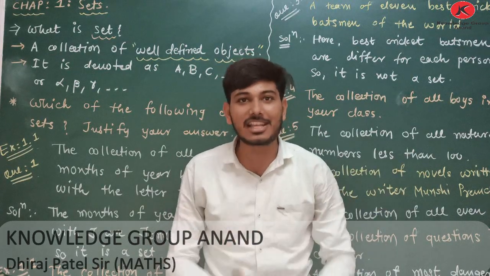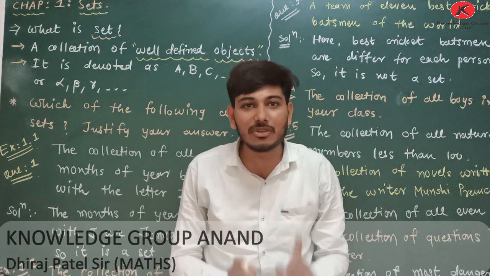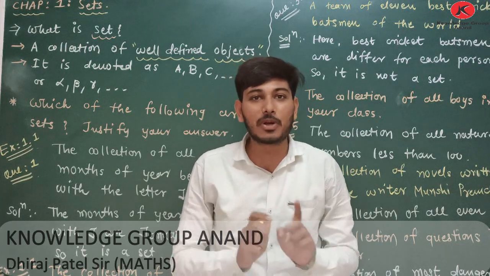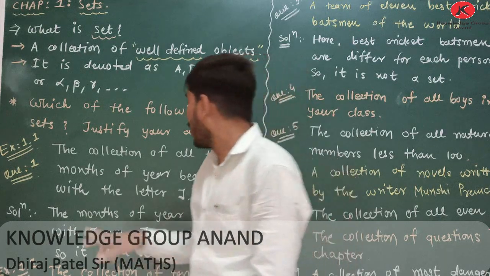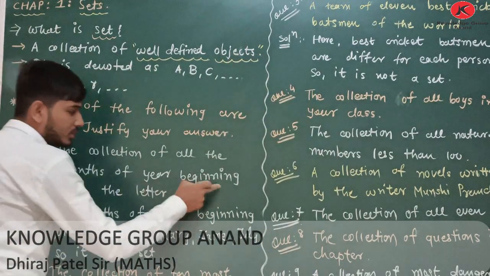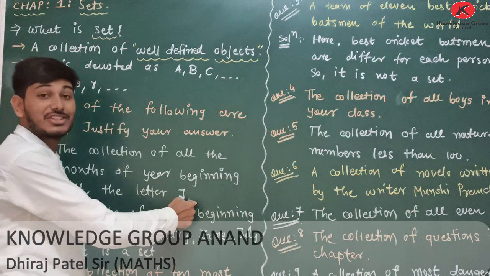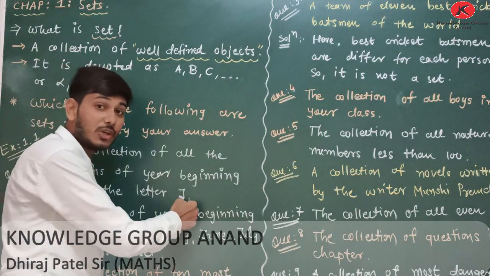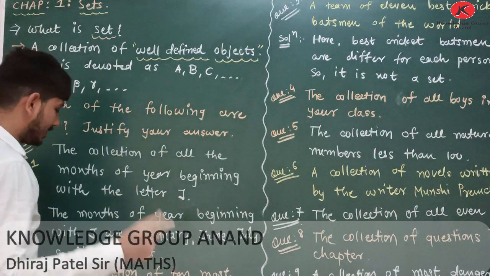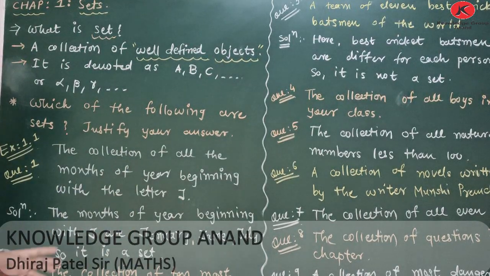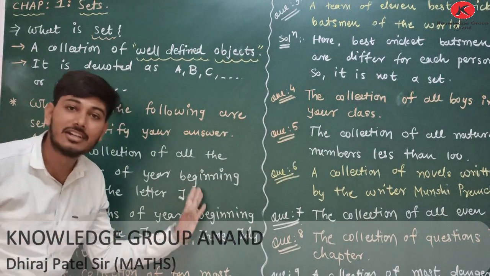That means this answer will not differ from person to person. That means the collection of all the months of the year beginning with the letter J, which are January, June and July, is well defined. Therefore, we can say that it is a set.